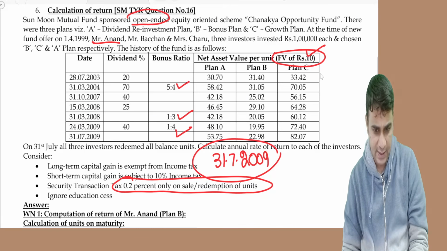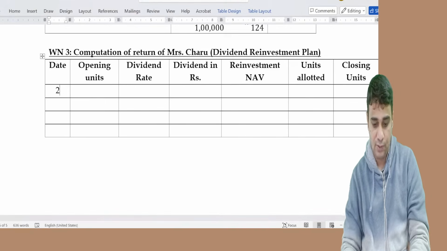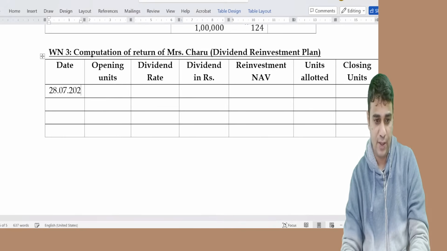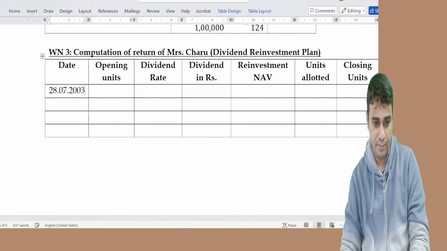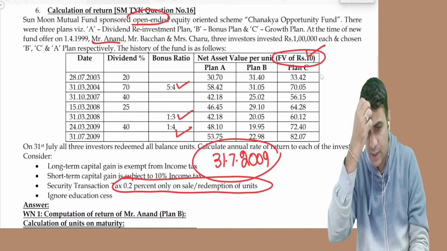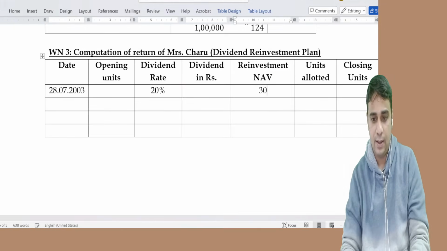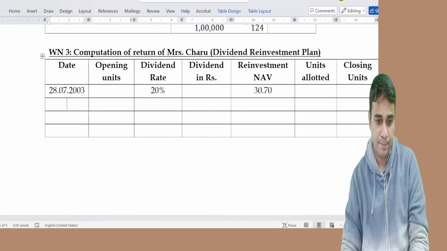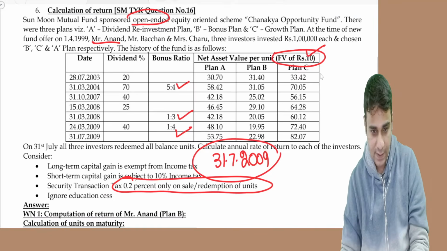Let's write the dates on which dividend is paid. 5 dividends, a huge calculation. 28/7/2003, 20%, and the NAV on that date, for plan A, the reinvestment plan, is 30.70. Write this: 20%, 30.70.